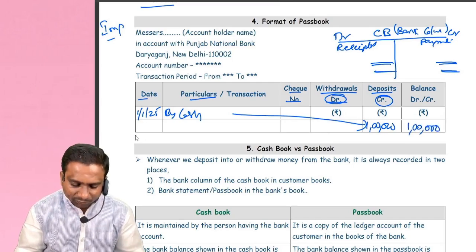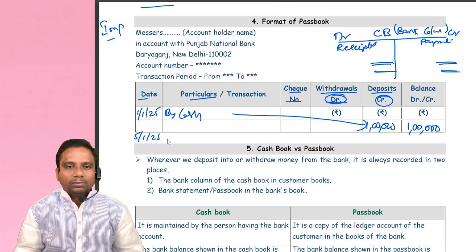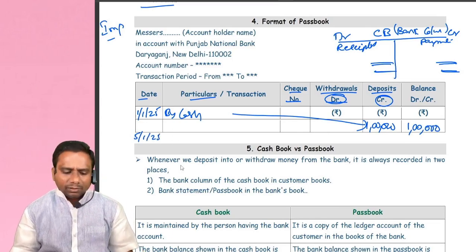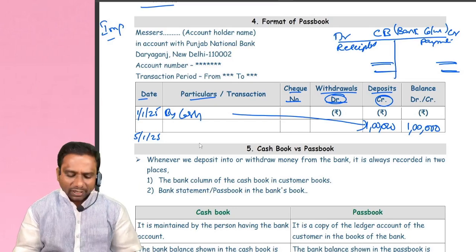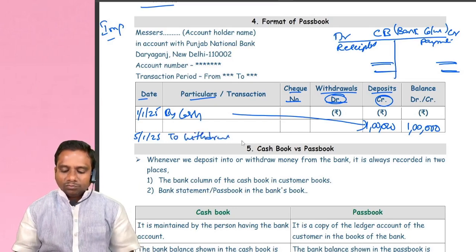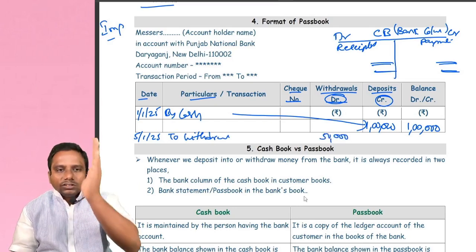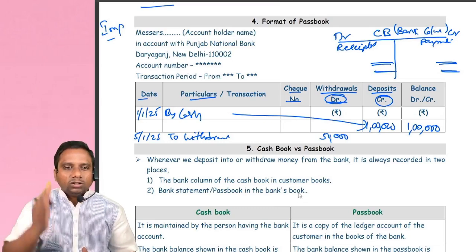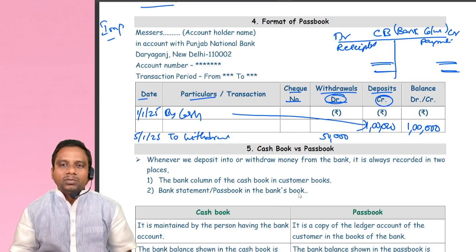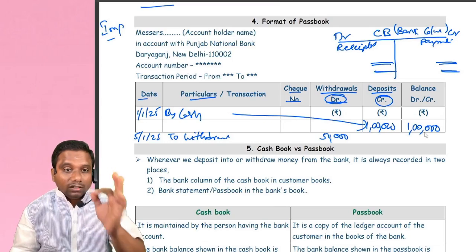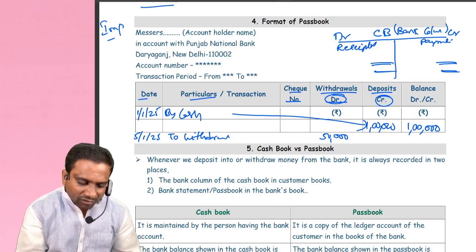Suppose on 5/1/2025, I am withdrawing money. What is the entry the bank will record? Customer account debit to cash. So, withdrawal. How much amount am I withdrawing? Let us say 50,000. Withdrawals are written in the withdrawal column. Deposits are written in the deposits column. Now tell me, how to calculate the balance is important. What is the previous balance?